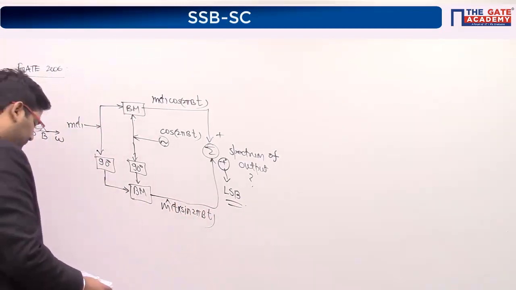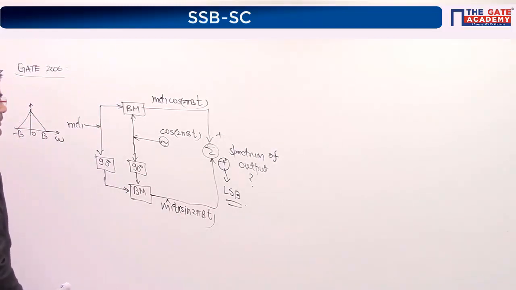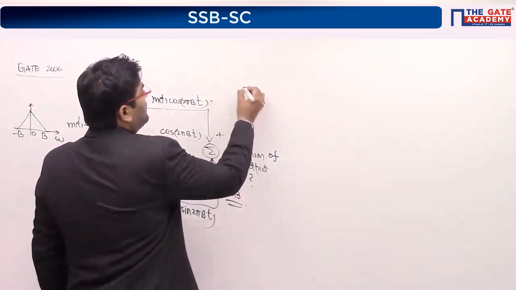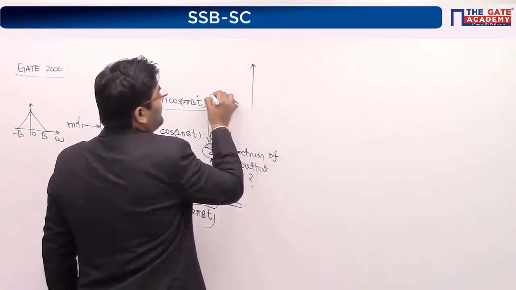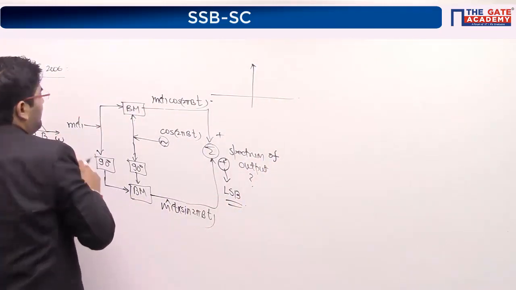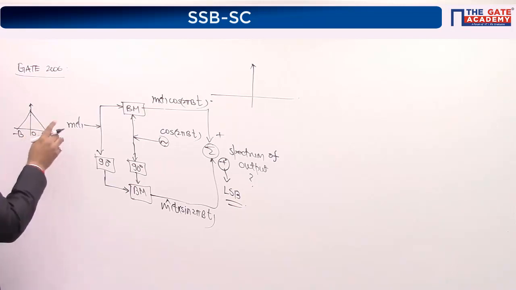Okay. So what is going to happen, right? Your masses will shift to this minus b, 0, b. So what is the spectrum of this you will get? I have taught you so many times. Minus b will go to 0, 0 will go to b, and b will go to 2b.